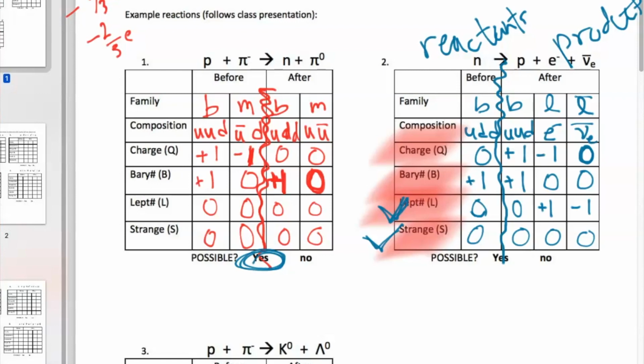Plus 1 equals plus 1. It is, in fact, conserved. Win. Then we have charge, and again, 0 in the reactants, and then plus 1 minus 1 adds up to 0 as well, and so it is conserved. And that means that this reaction is possible.